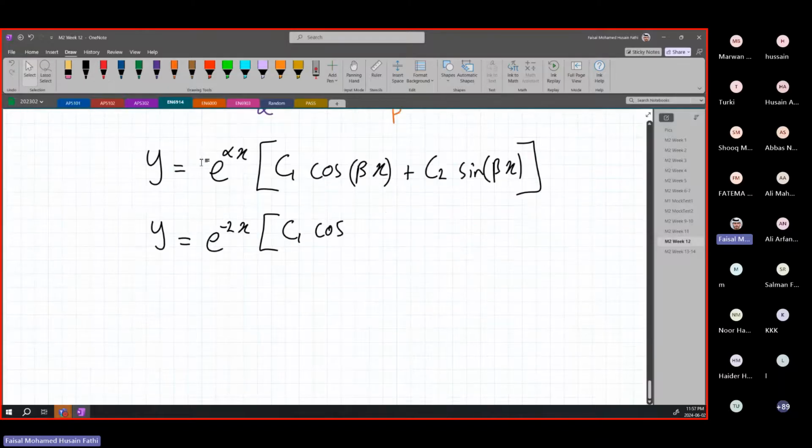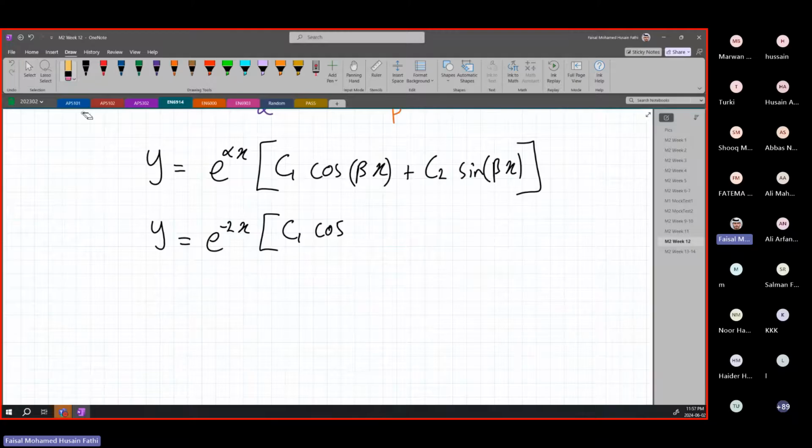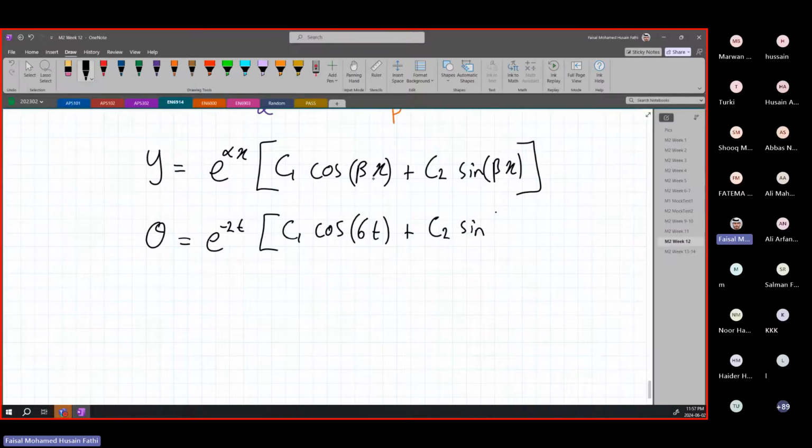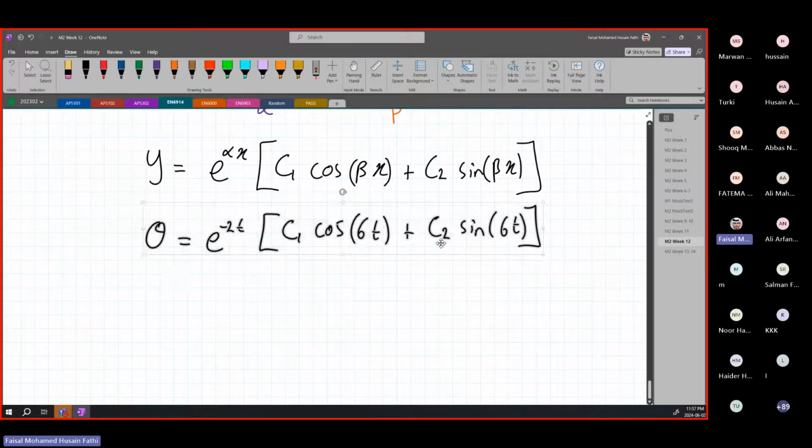The general solution is going to be the same, but I'm going to write theta here, and I'm going to write t over here instead of x. So c1 cosine beta, which is 6 times t, plus c2 sine 6t. All right, and this is our general solution.